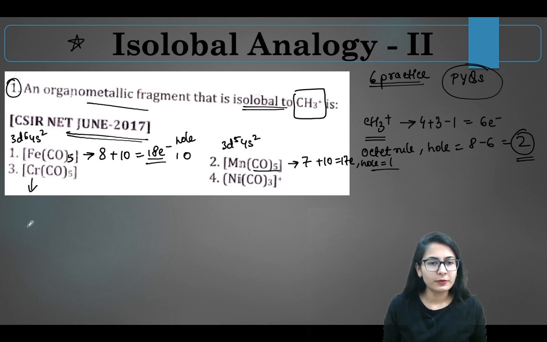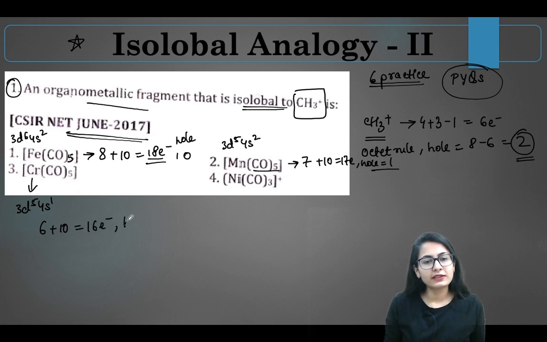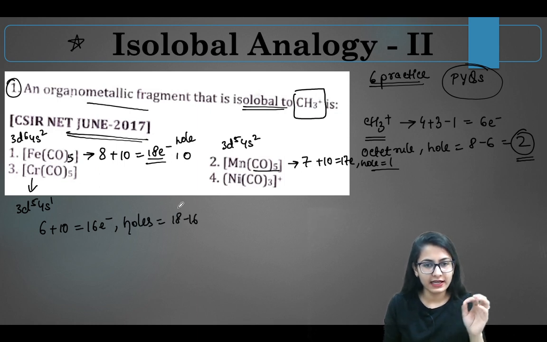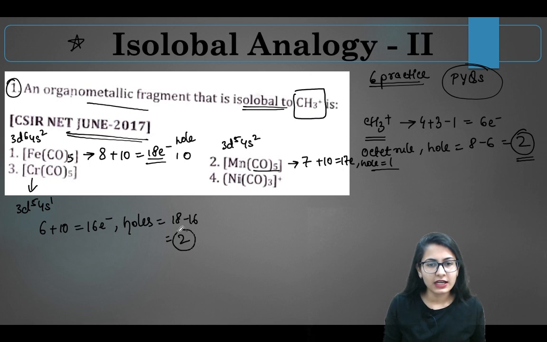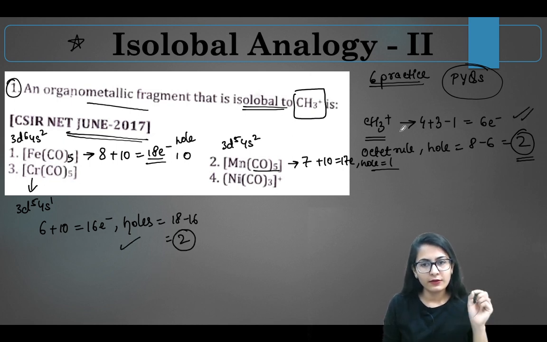For the third option, chromium is 3d5 4s1, so you can take 6 electrons, and again 10 electrons from the carbonyls, so this is 16 electrons. This looks like it will be isolobal because the number of holes is 18 minus 16, since total electrons must be 18, so the number of holes is 2, and the number of holes is also 2 for the CH3 positive fragment.